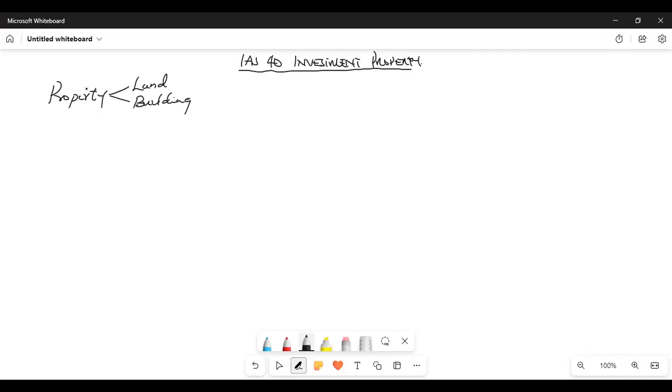All right. So when we say investment property, therefore, and I'll be shortening it and calling it IP, IP therefore is this land or building or part of the land or the building or both.